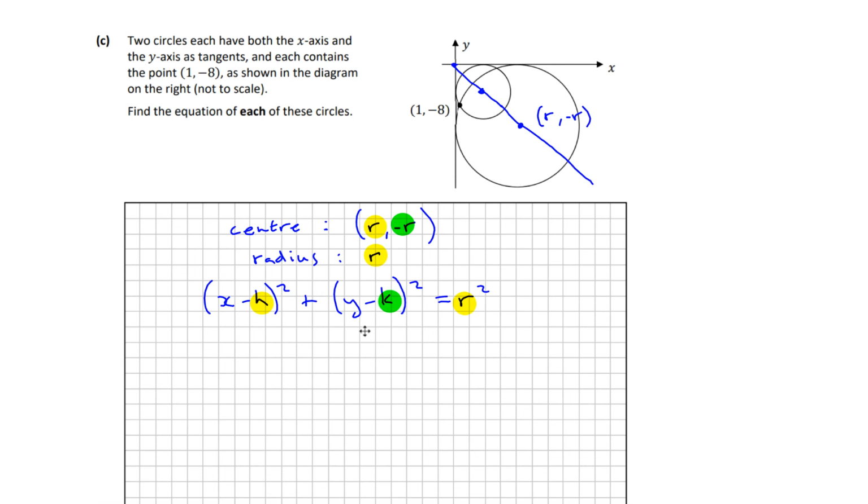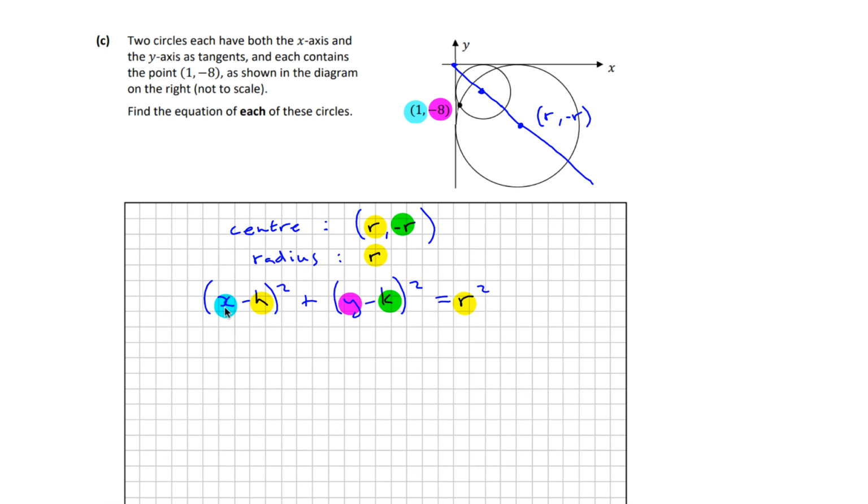So we can substitute those things in, and also we have a point on the circle. So this point here we can put in for x and y: any point on the circle, you can place the x part of that point in here, and put this point here in for y. And by doing all these substitutions, we end up with an equation in r.